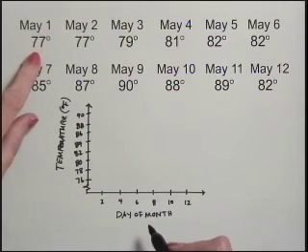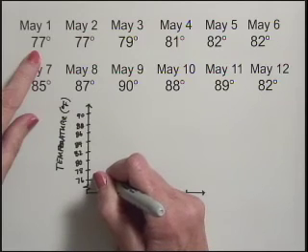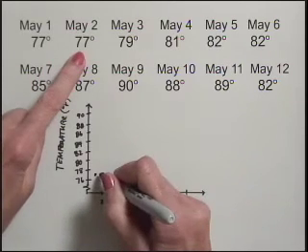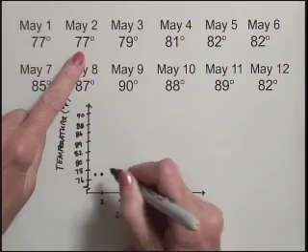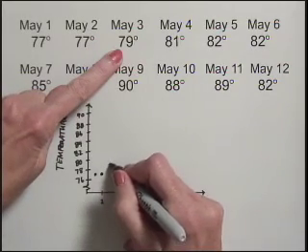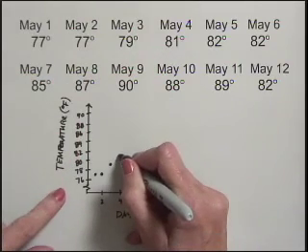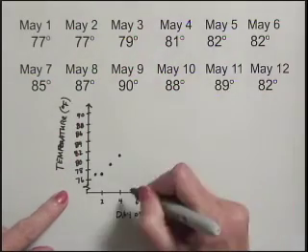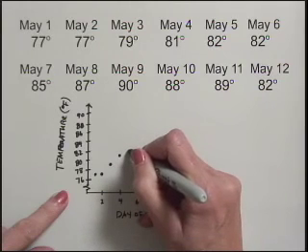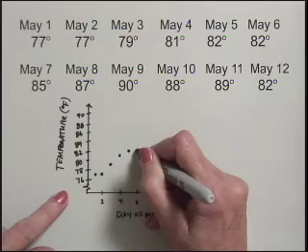Let's say at May 1st we had the value of 77, so I'm going to go 1, 77. Then we have the same temperature on the 2nd. On the 3rd we have a value of 79. On the 4th we have a value of 81. On the 5th we have a value of 82. On the 6th, the value that's also 82.